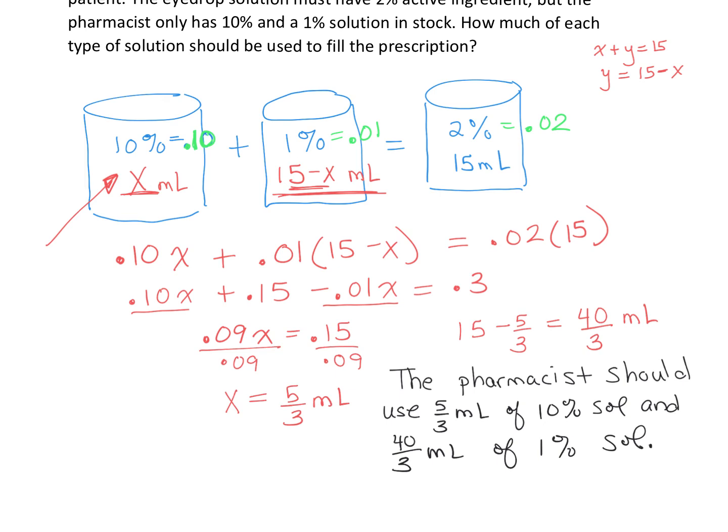So I did say you could use this for investments as well. Something there might be the percentage return that you're going to get, and then rather than the number of milliliters, it would be the amount of money you're investing.